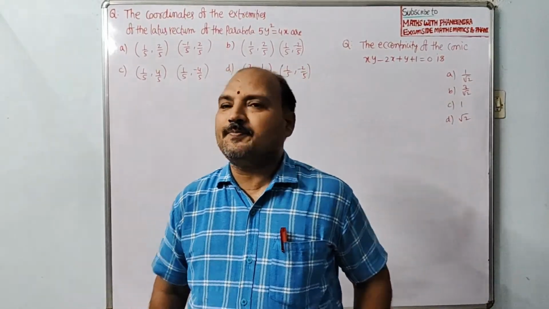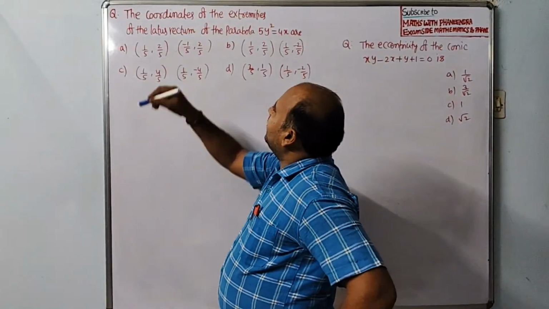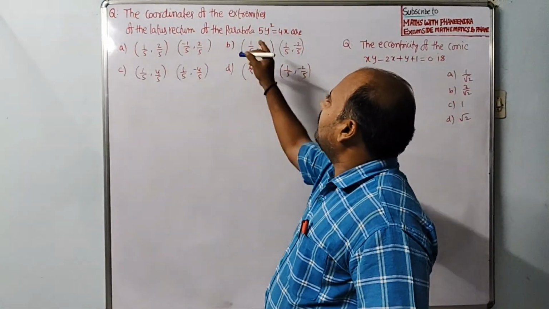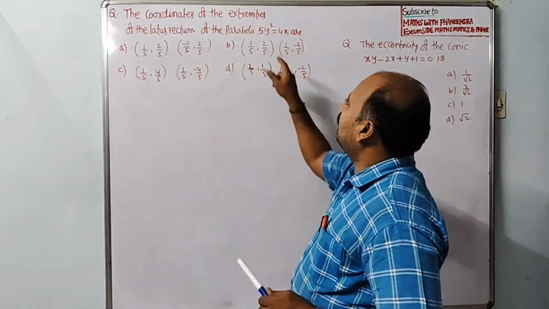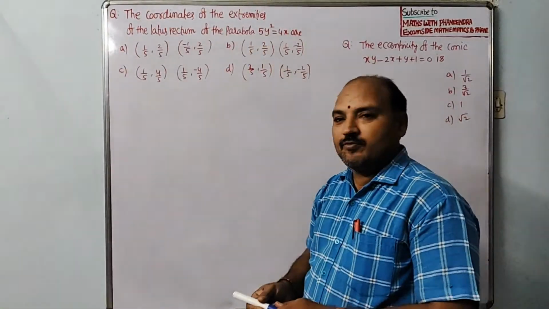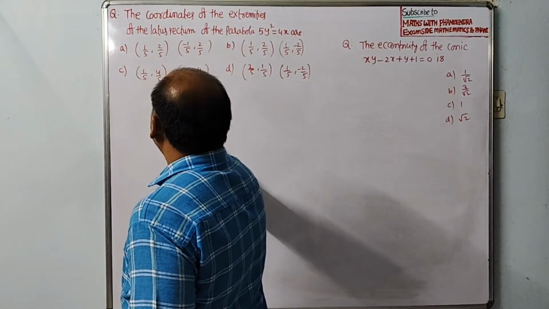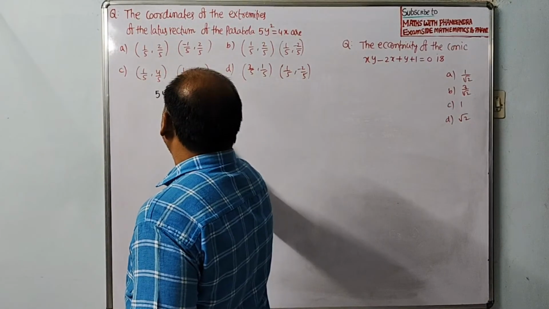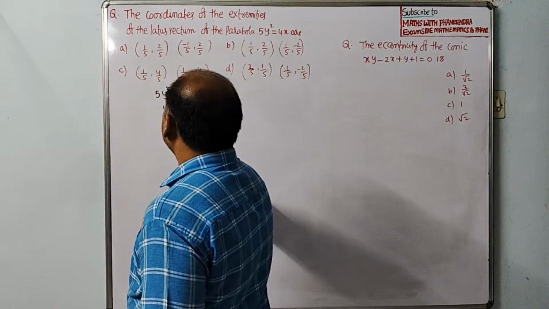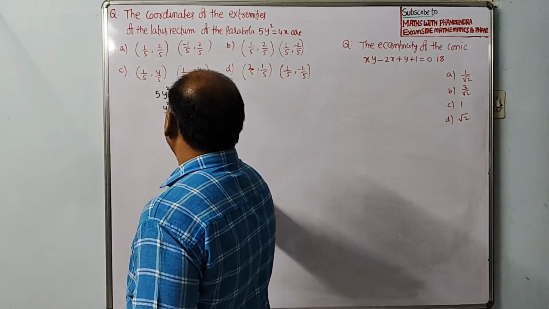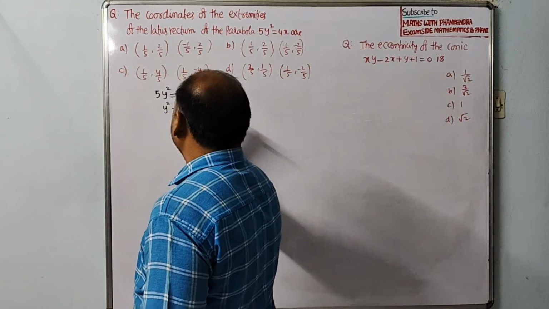The coordinates of the extremities of the latus rectum of the parabola 5y square equal to 4x. First, bring the given parabola equation into the standard form: y square equal to 4 by 5 into x.